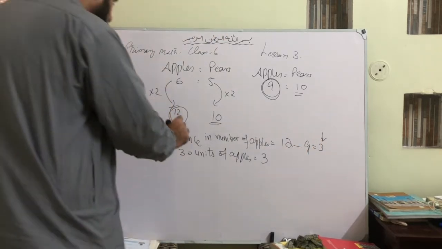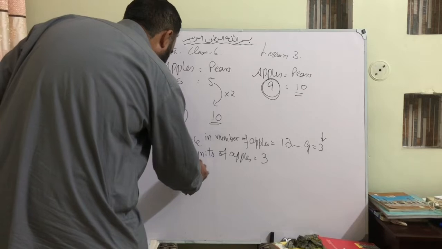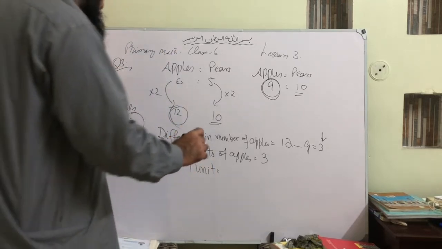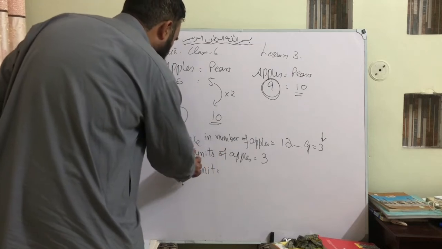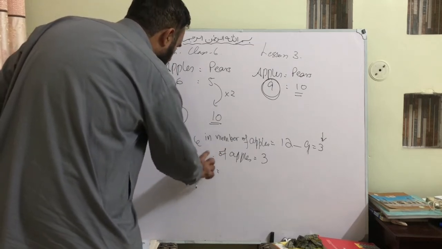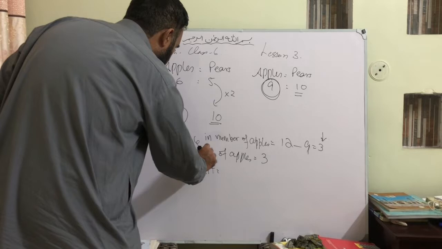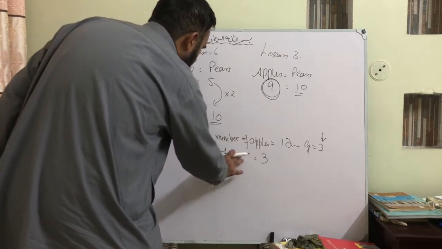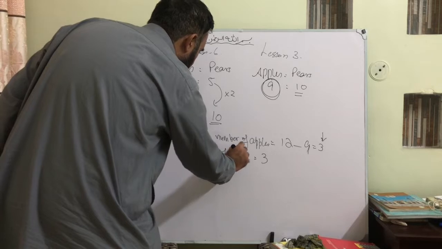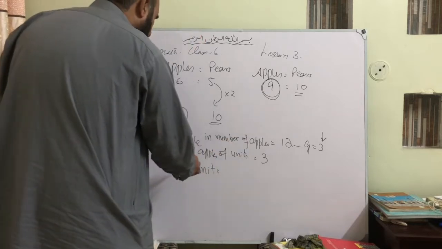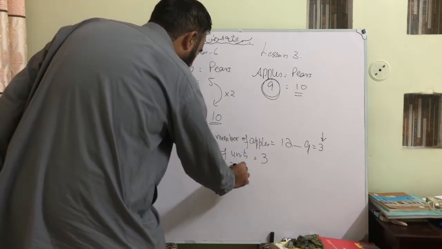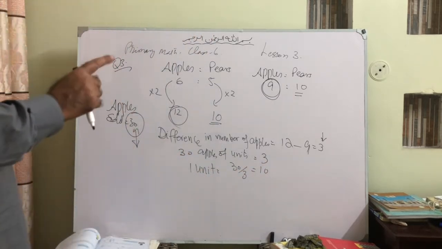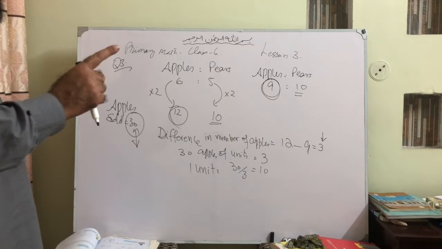So 30 apples were sold, so they have a difference of 3 units, okay. So 1 unit is 30 divided by 3, it becomes 10. So 1 unit is equal to 10.